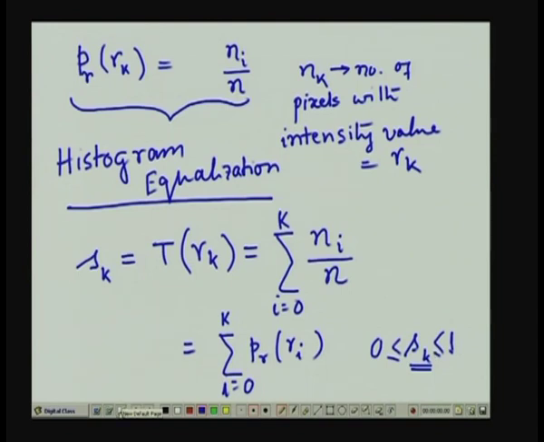But we know that for digital images, the minimum intensity can be 0 and the maximum intensity can be r_{L-1} as k varies from 0 to L minus 1, and in our discrete case r_{L-1} is equal to 255, because the intensity values of our images are quantized with 8 bits. So we can have an intensity varying from 0 to 255.